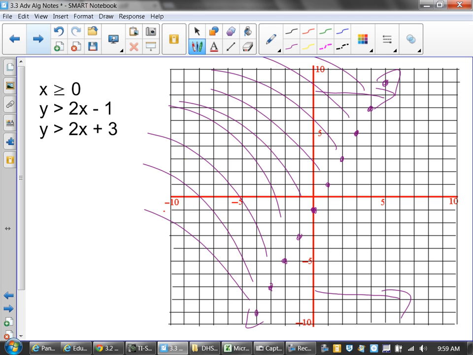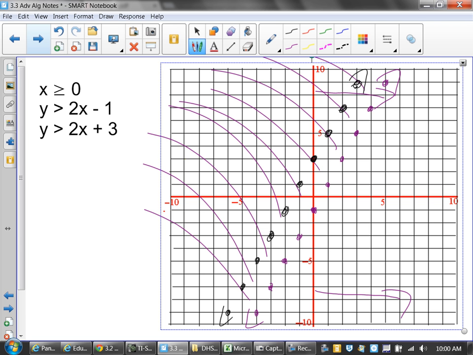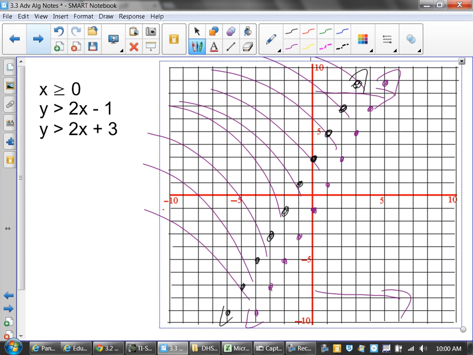And then start at +3. See how it's pretty easy to get lost in your shades if you're not careful? And then is 0 bigger than 3? It's not, so it just winds up being more out this way.